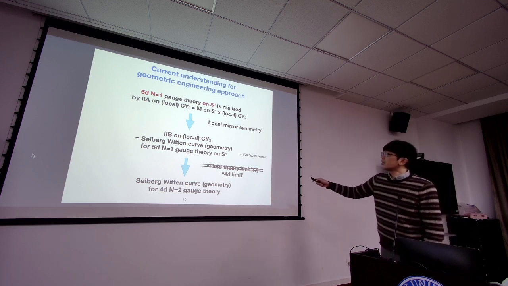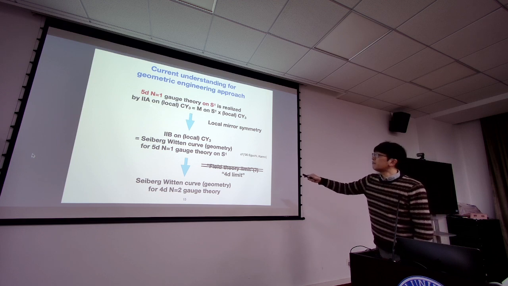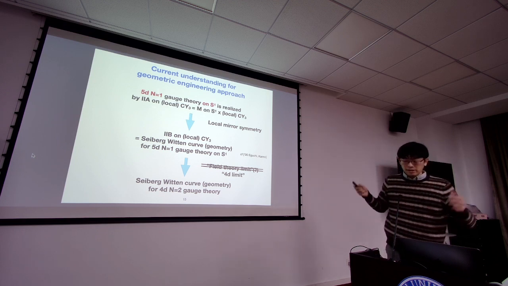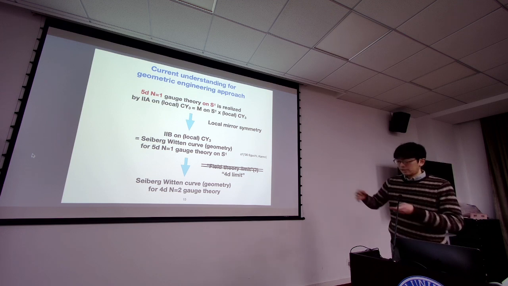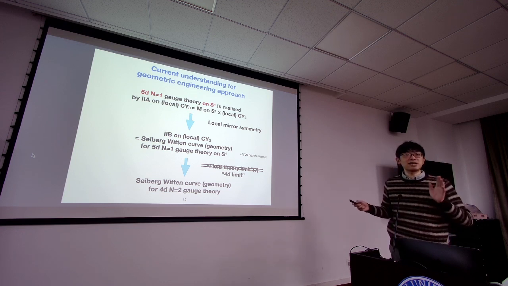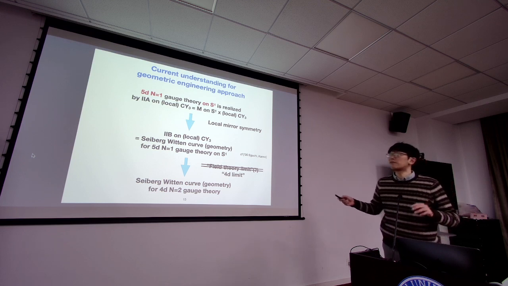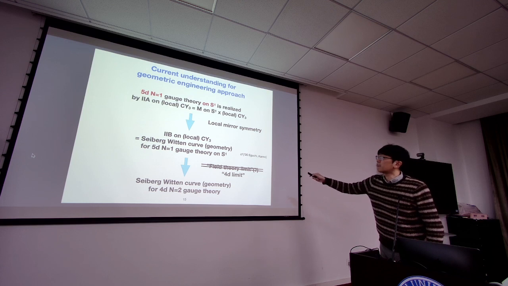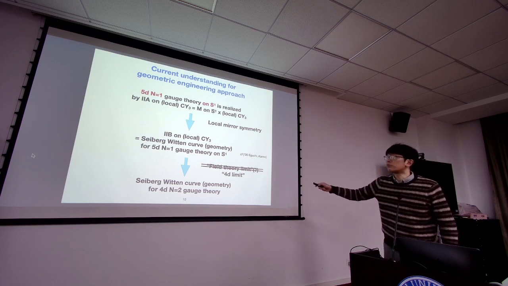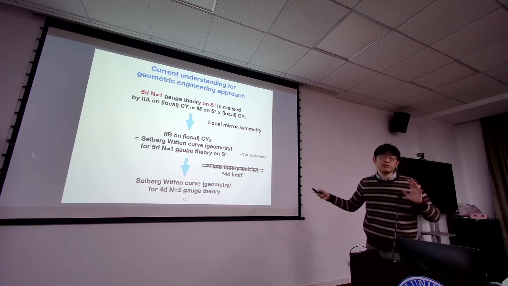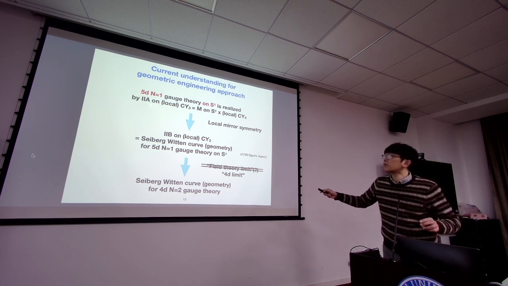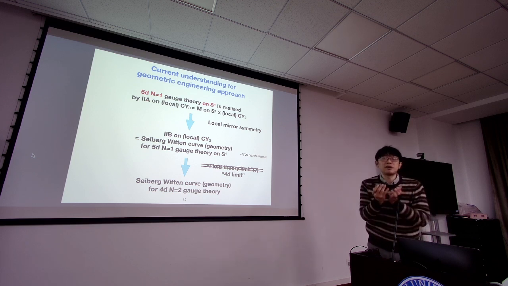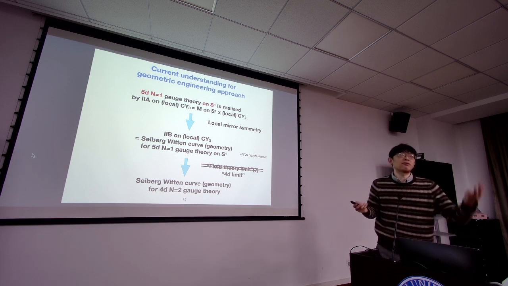With the modern understanding, we can actually modify, or improve, the understanding of geometric engineering. I said that type IIA on a Calabi-Yau threefold gives 4D N=2. On one hand it looks natural, because type IIA string theory is 10 dimensional and a Calabi-Yau threefold is 6 dimensional, so by doing this we obtain a 4D gauge theory.